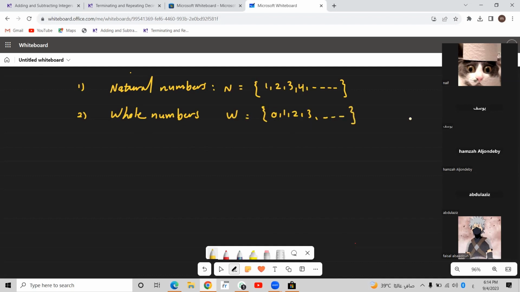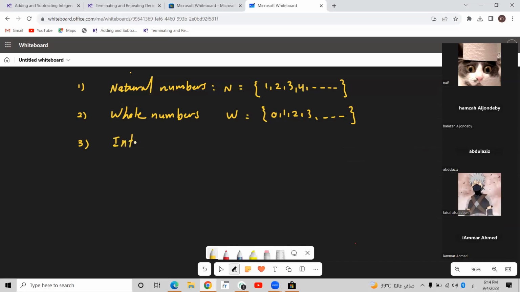Okay, so what else, guys? What is set number 3? What other numbers do we need? So let's go to Hamza. What do you think, Hamza? Teacher, the integers. Yeah, integer numbers. Okay, so what is the letter representing integers?